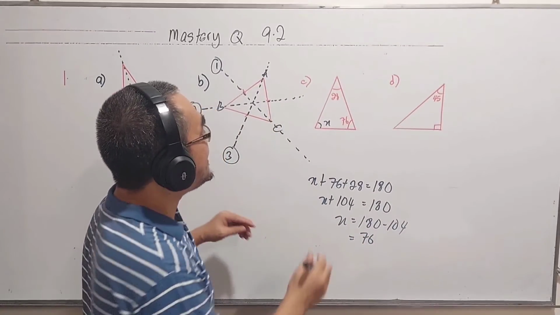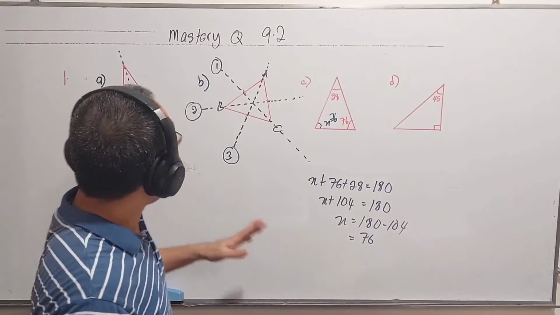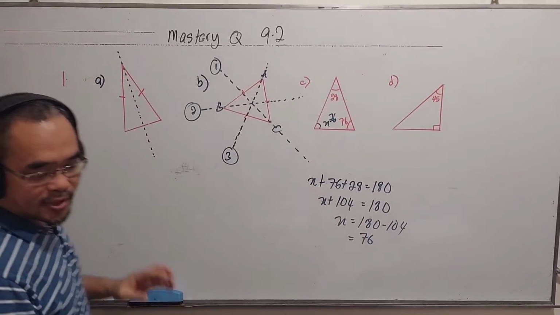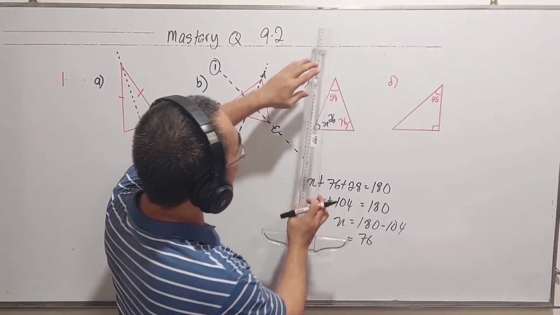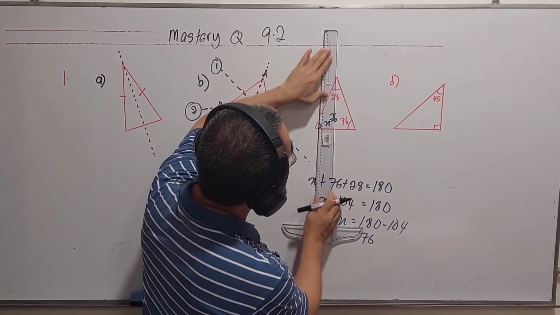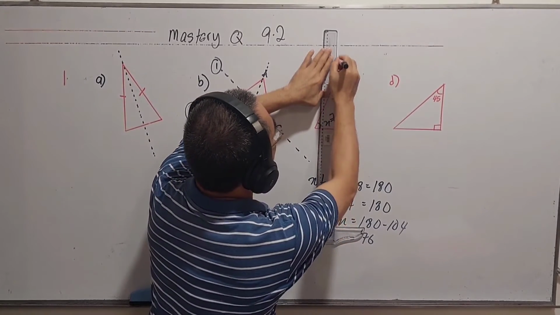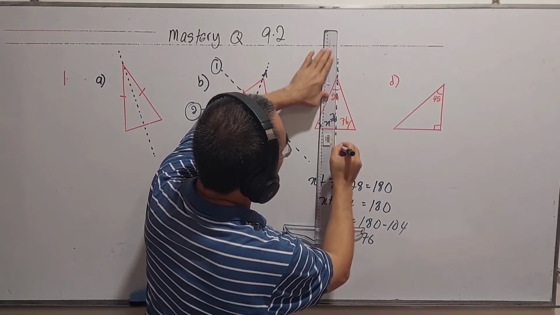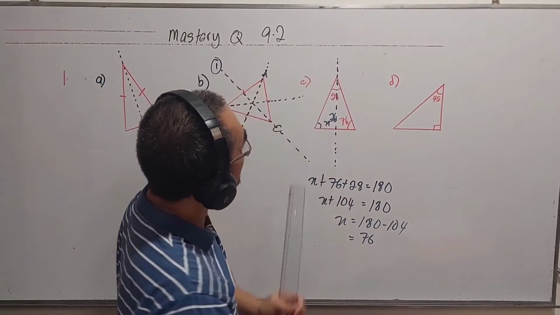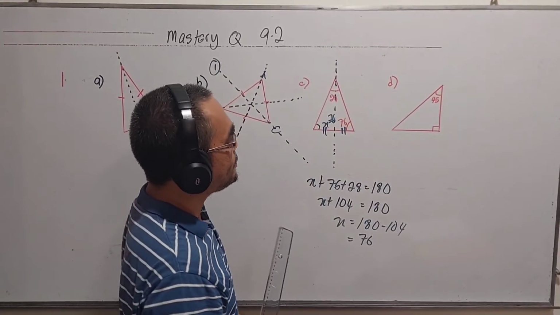If this is 76, it means this is an isosceles triangle. An isosceles triangle has only one line of symmetry, dividing this into two equal parts.